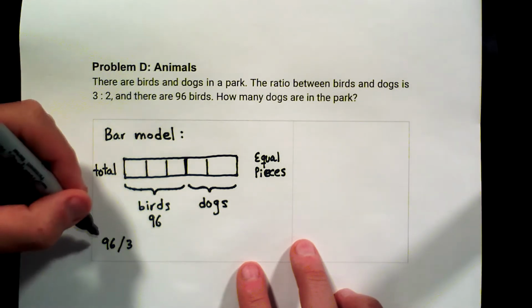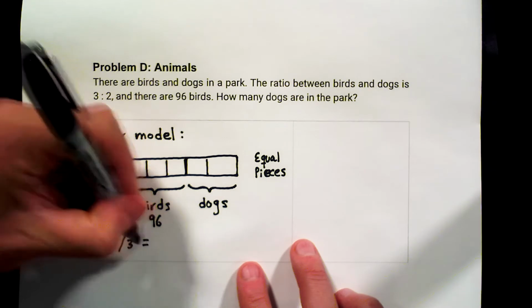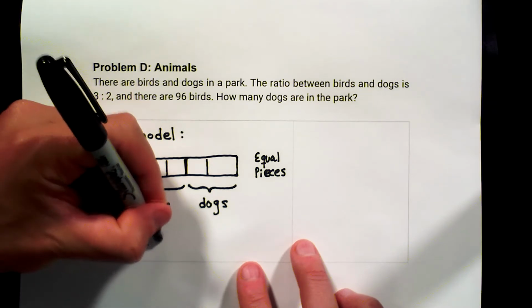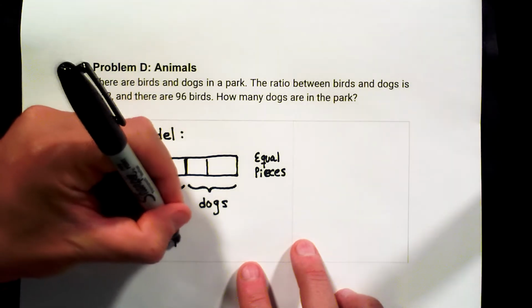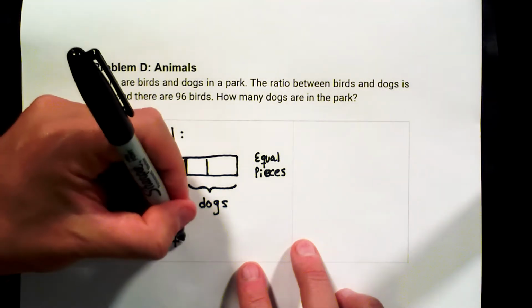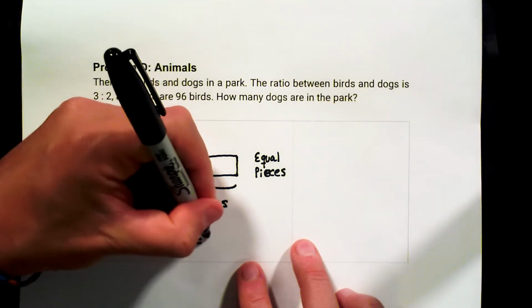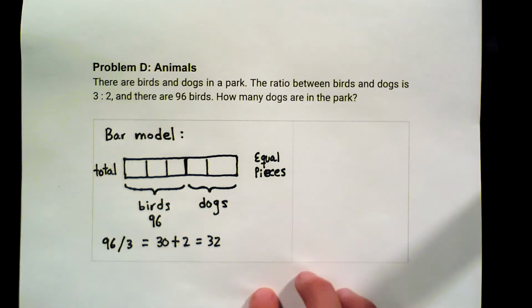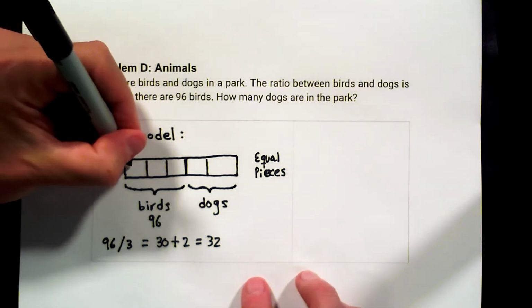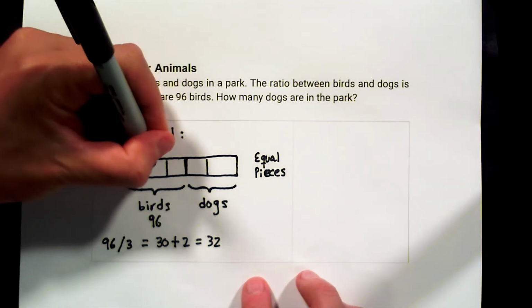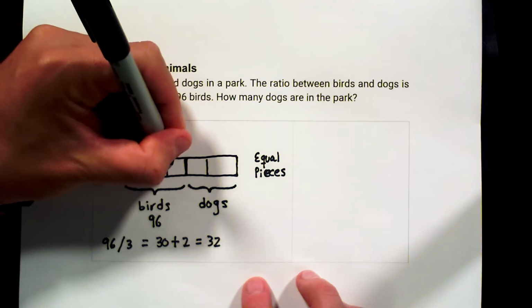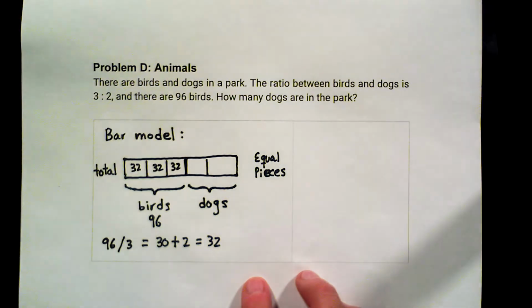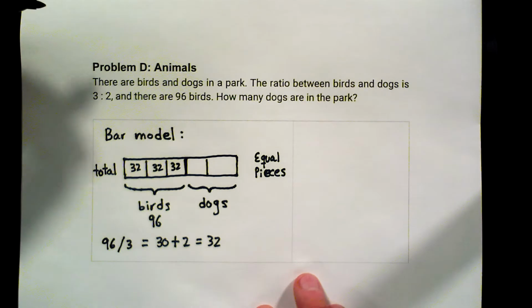To divide 96 by 3, 90 divided by 3 is 30, and 6 divided by 3 is 2, so that should be 32. Let's check: 32, 32, 32. Yes, that's okay, 96 birds.